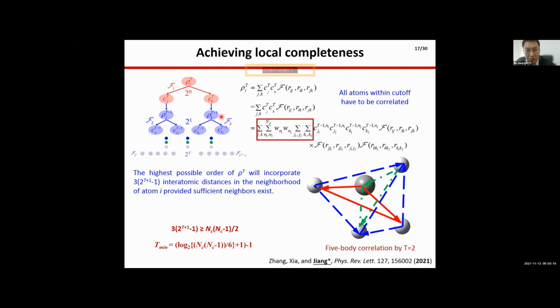In each iteration, you introduce two more atomic orbital coefficients, and also two more functions of the internal coordinates, and eventually you will have 3 times 2 to the power of (t+1) minus 1 interatomic distances, which will cover your local environment.